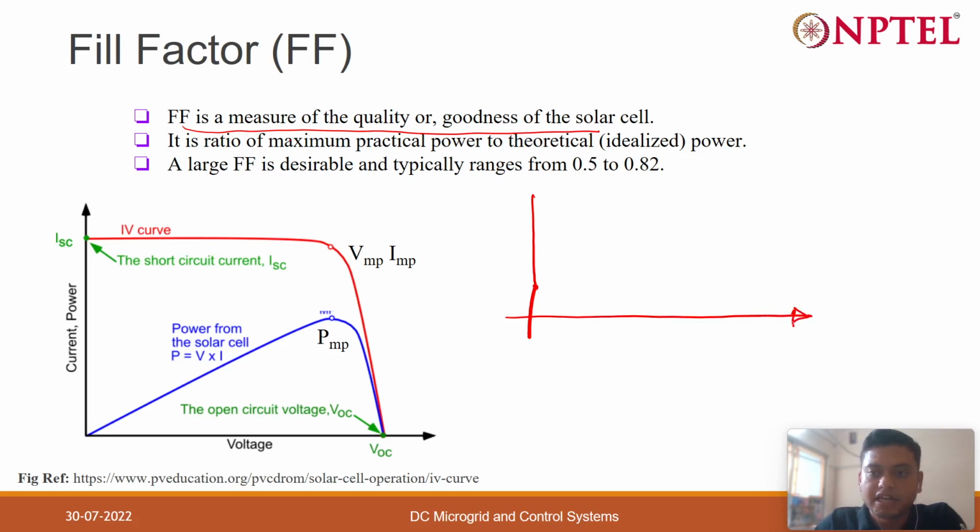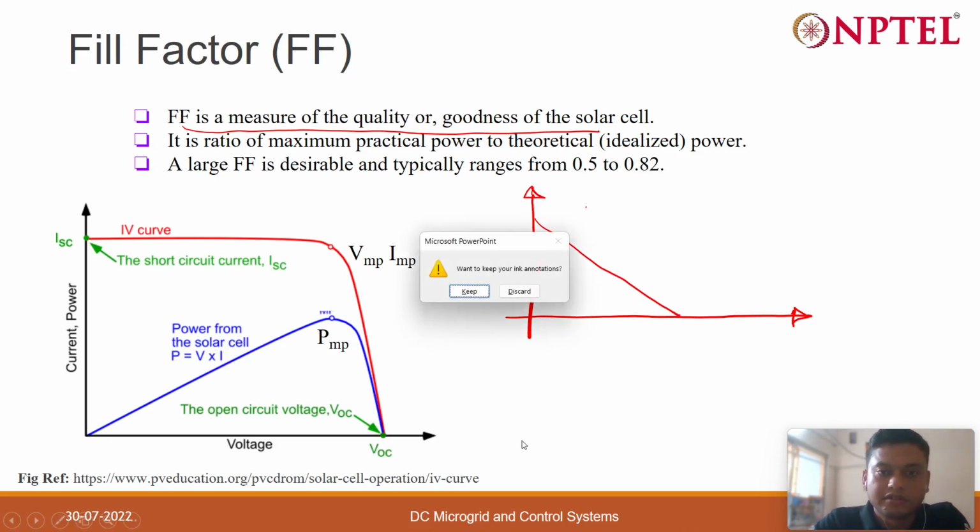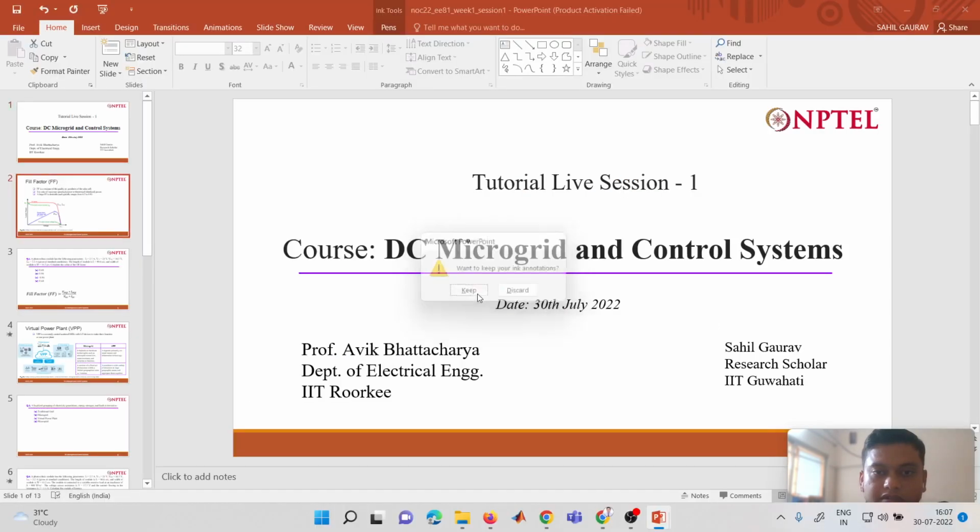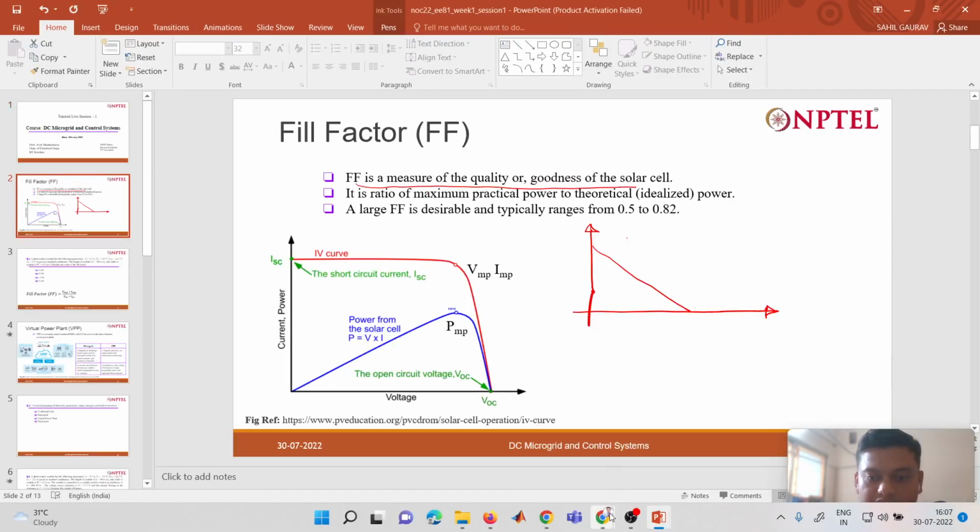If we see the IV characteristics of a very bad PV cell, it comes out to be like this one.